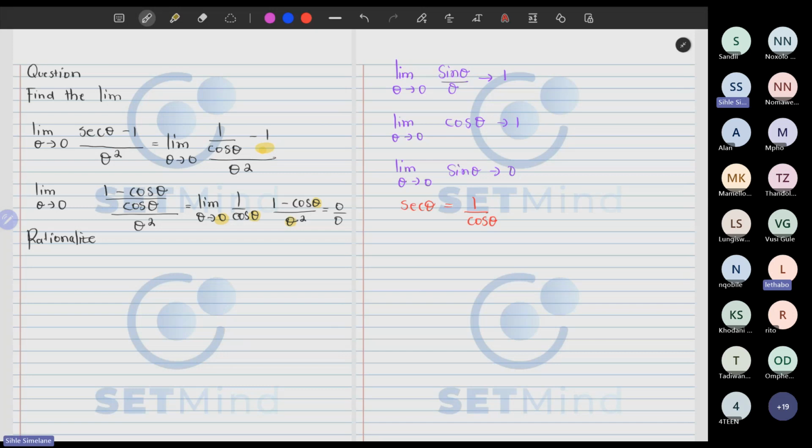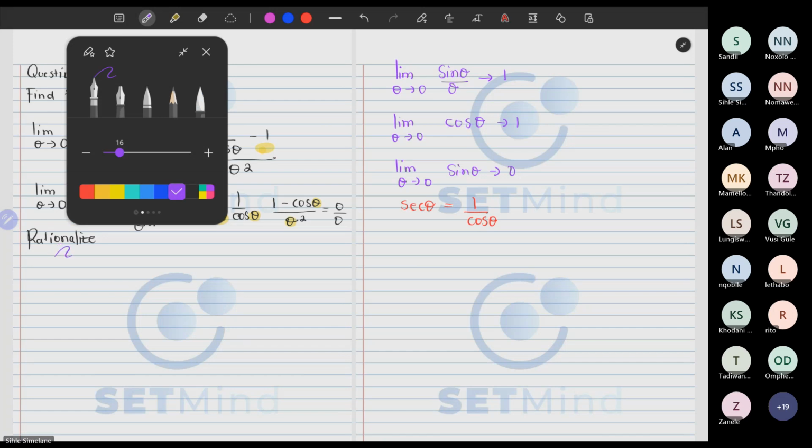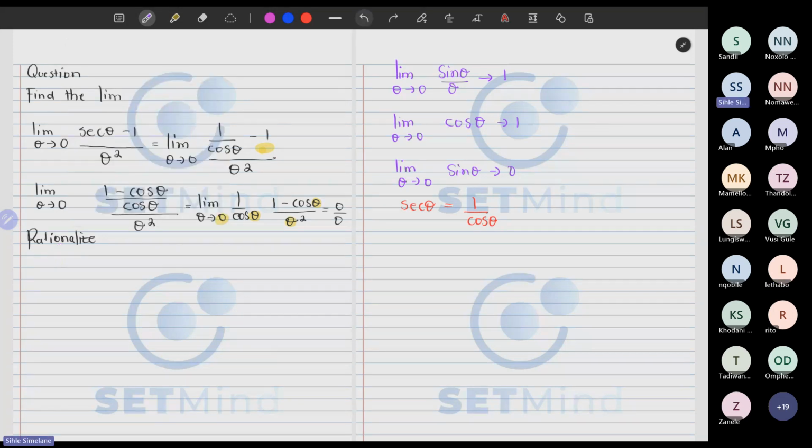There's this identity which says 1 minus cos h all over h is equal to 0. It is equal to what? 0. Yeah, 0.